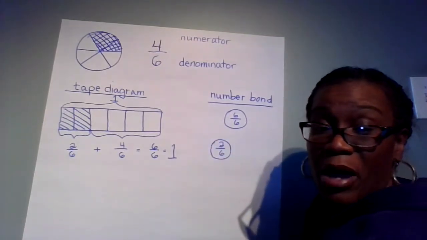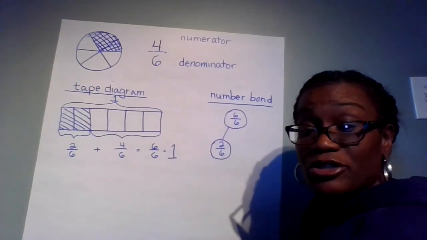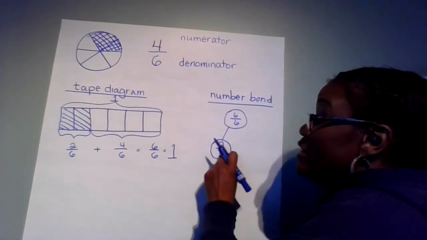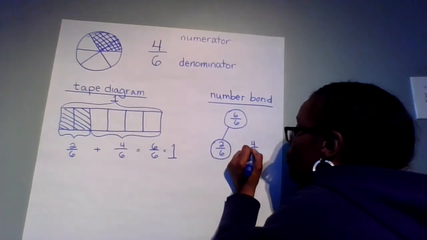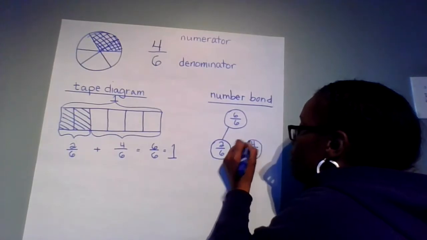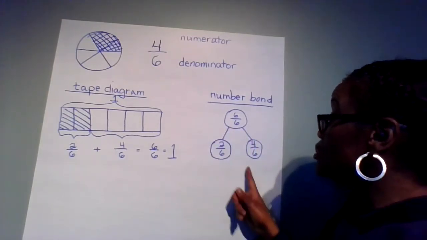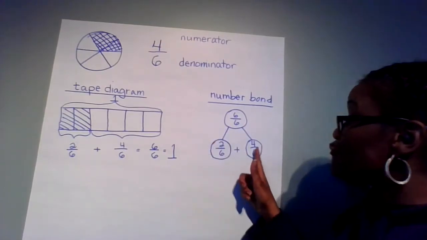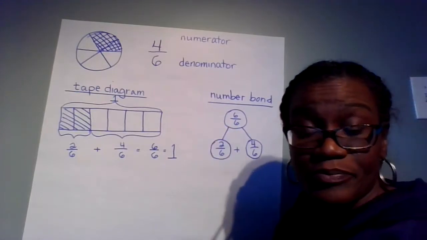I like to make my fraction first before I draw my circle to make sure I have enough room. And then how many were left unshaded? 4/6. And that's your number bond. So 2/6 plus 4/6 is going to equal 6/6.